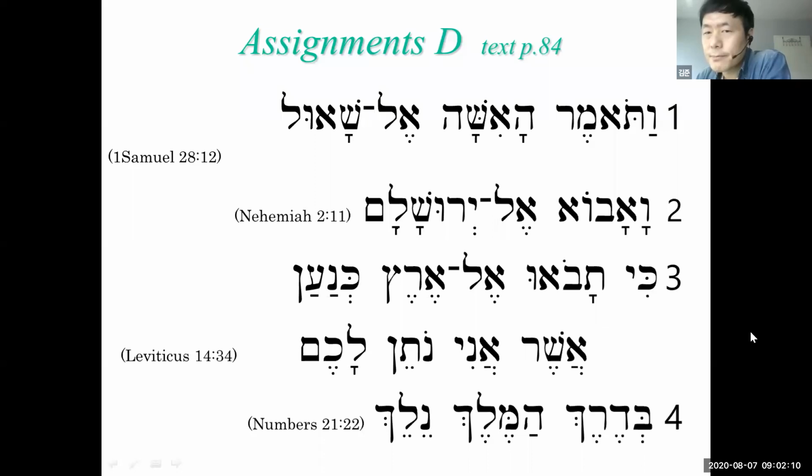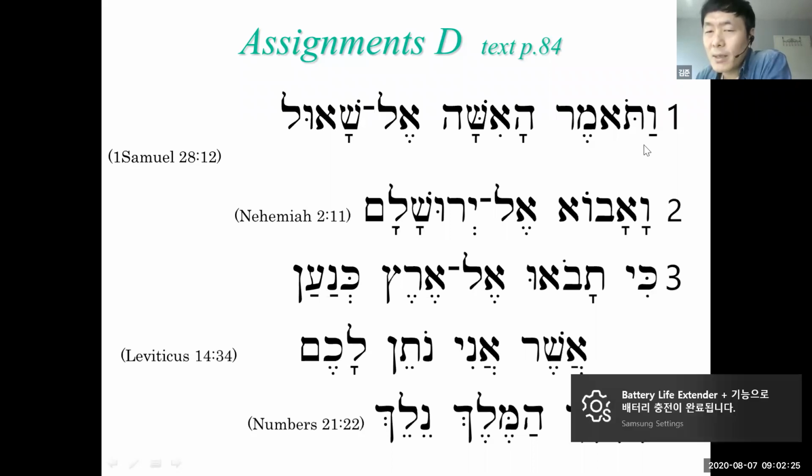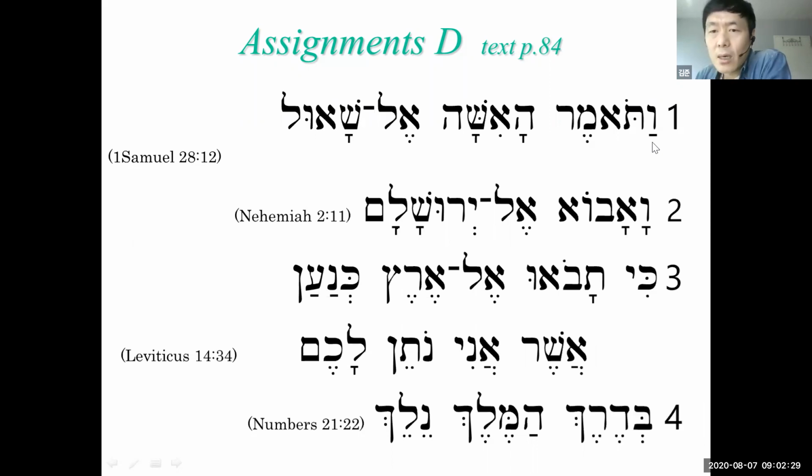I got confused when I analyzed the special feature. What is the verb conversive, the reverse? For the first one, vayomer, yes, first 1 and first 2. Vayomer and then vayavo. Yes.